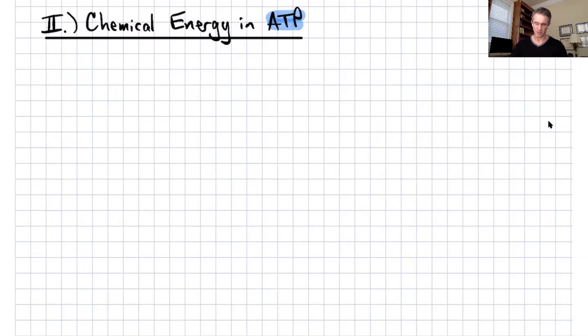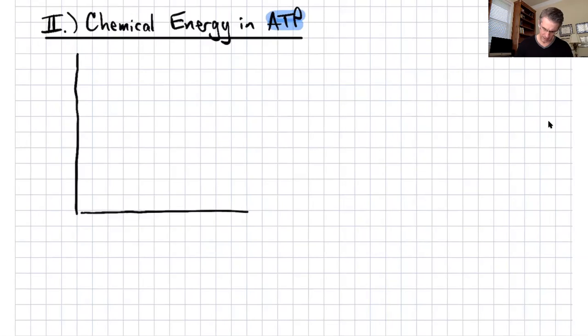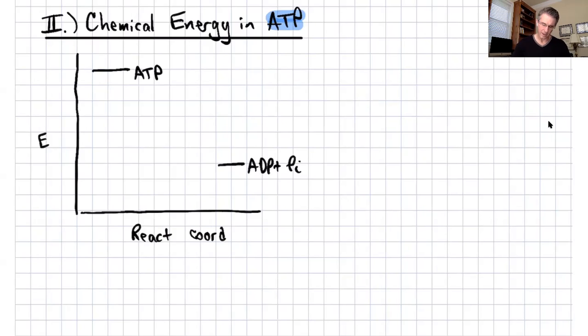So another way to ask this is, if you think about a reaction coordinate in a thermodynamic sense, and this is of course energy, and over here we have ATP, and over here we have ADP plus inorganic phosphate.